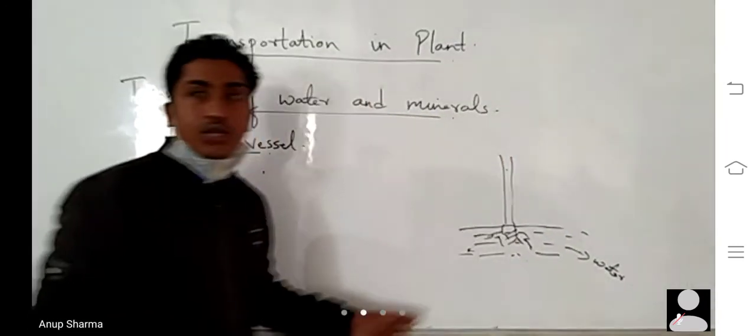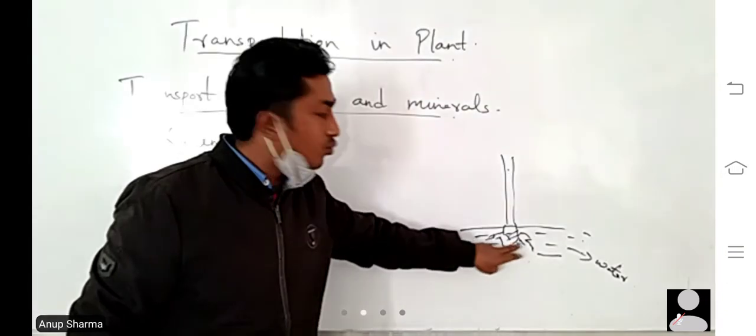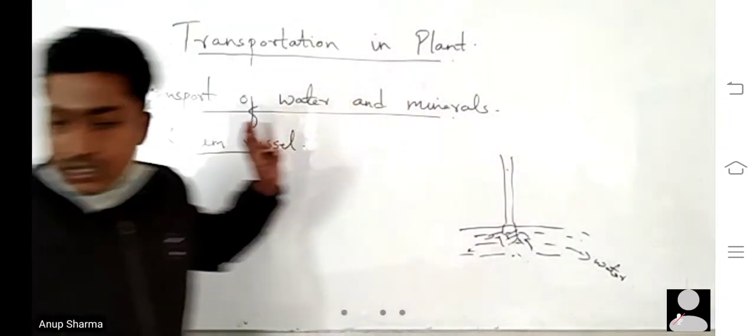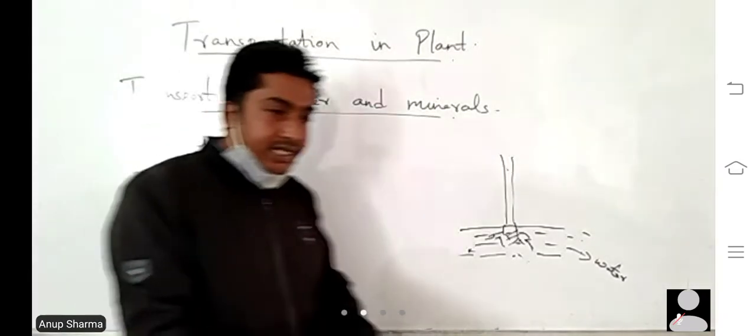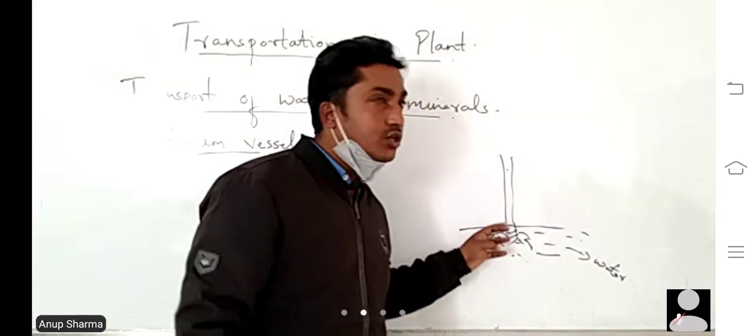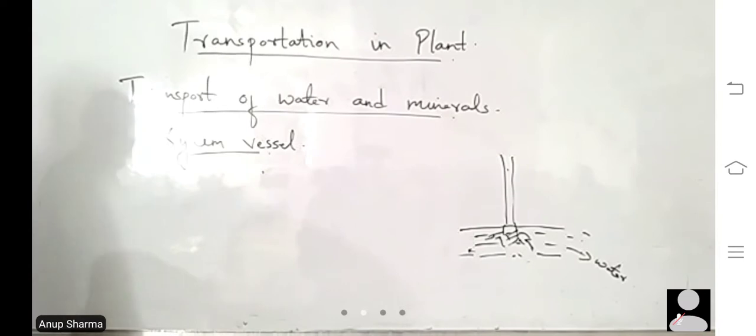The root hairs are in close contact with water surrounding the soil particles. That means the roots are embedded deep in the soil.